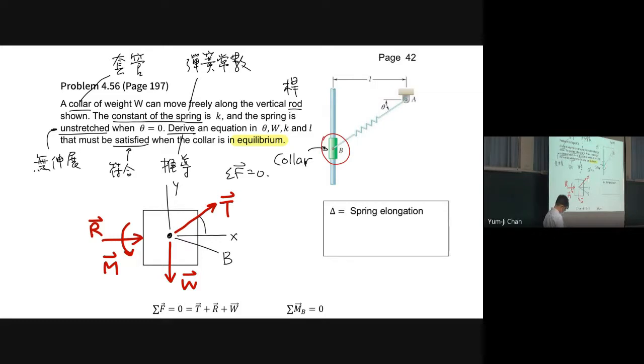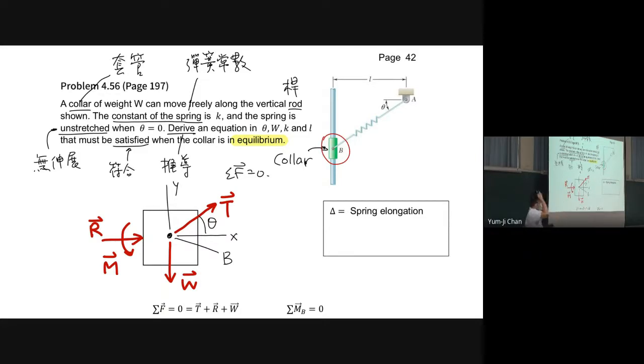So we have theta here. Okay, and this is our free body diagram.